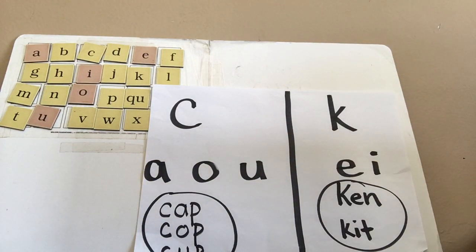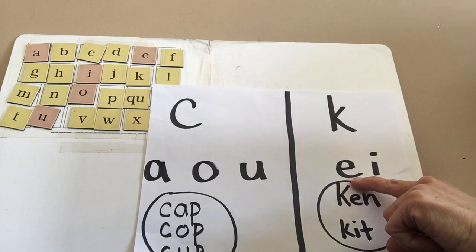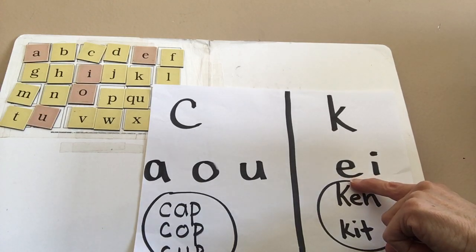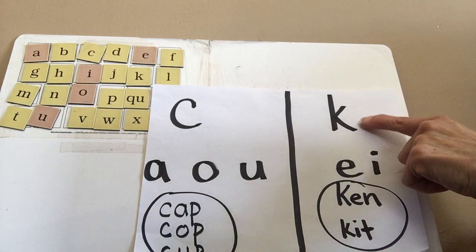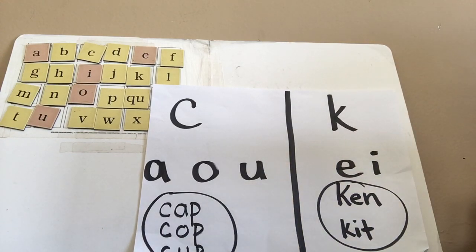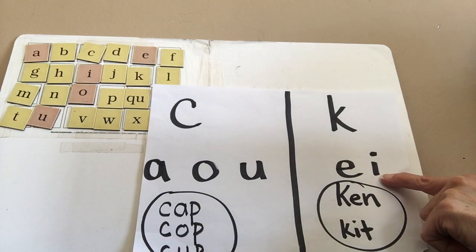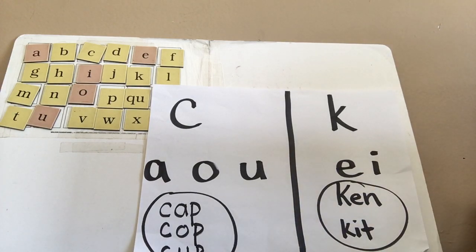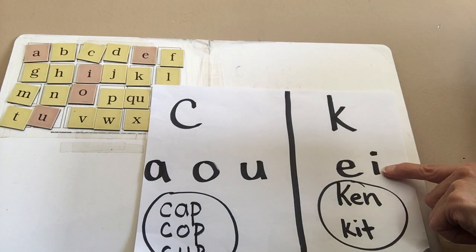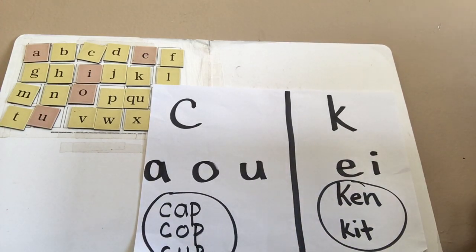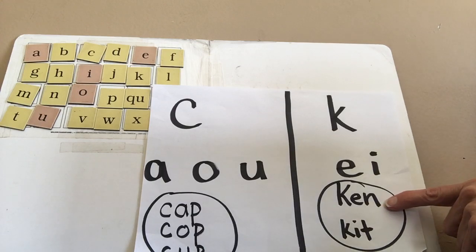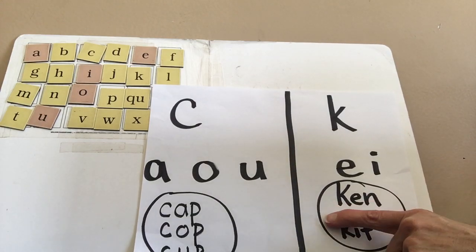Now, if the vowel is long E or short E, eh, you begin with a K. If the vowel is long I or short I, ih, you begin with a K. The example is here: Ken.